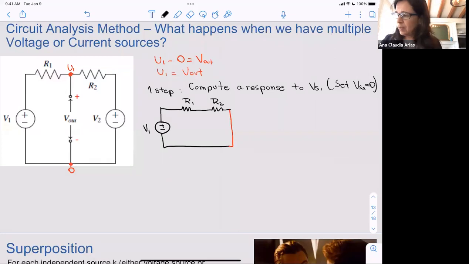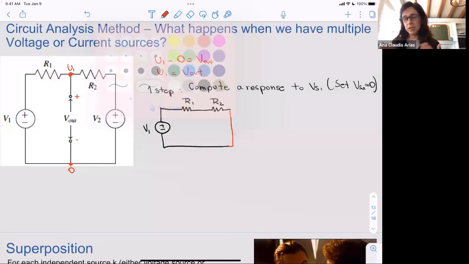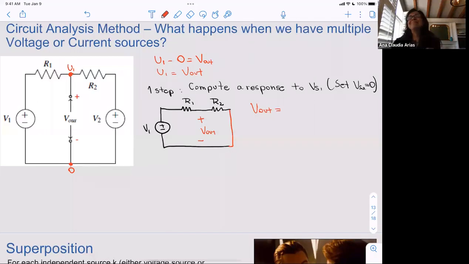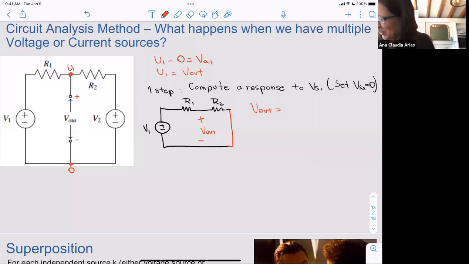And then if I come here and I say, okay, wait a minute, my problem was I had to measure V out in this circuit. What's V out? That's right. So voltage divider.